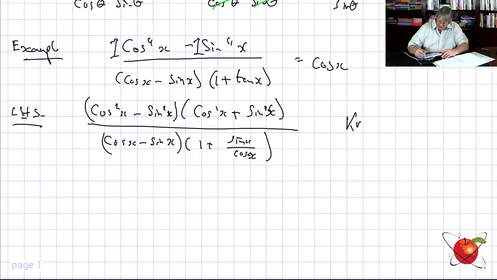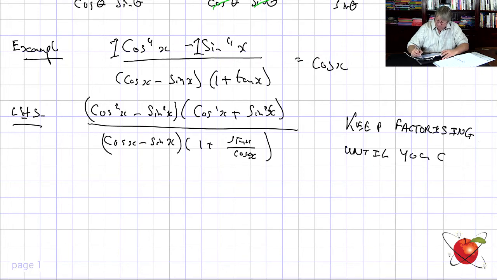So keep factorizing, right? Keep factorizing until you cannot factorize any further. It's as simple as that.